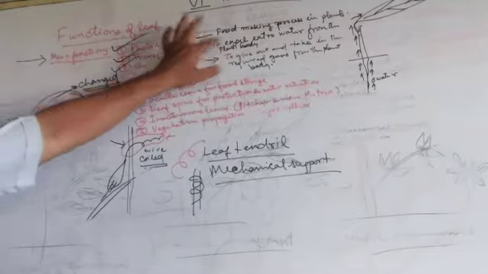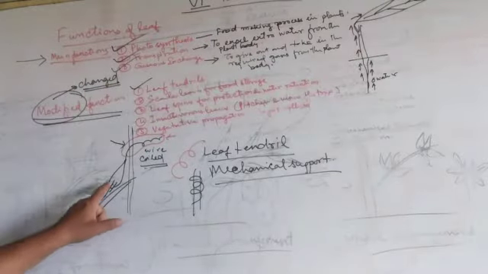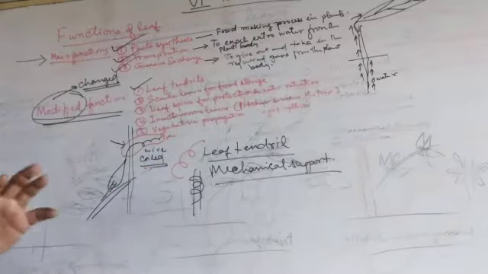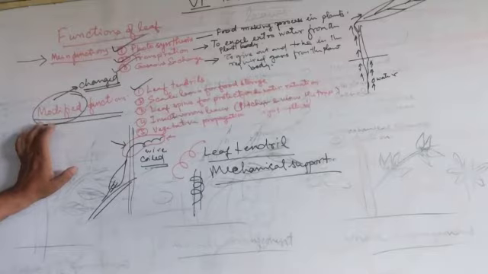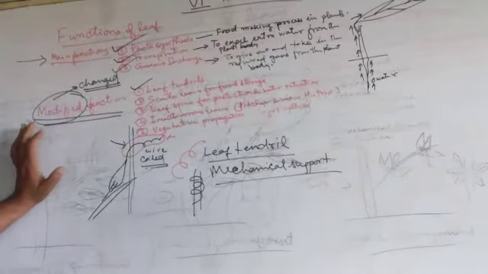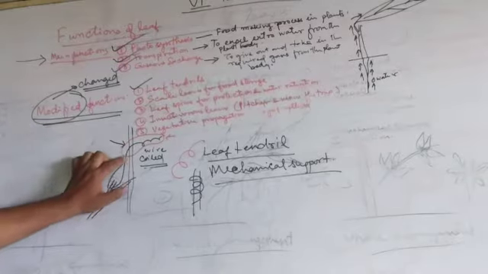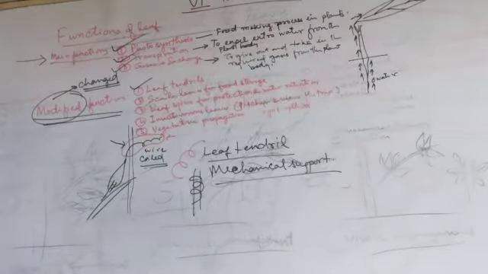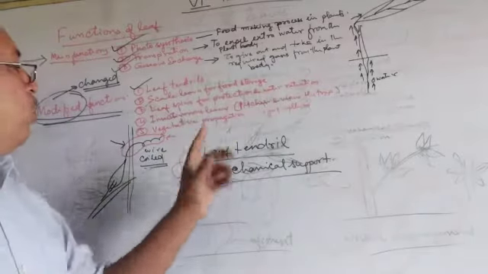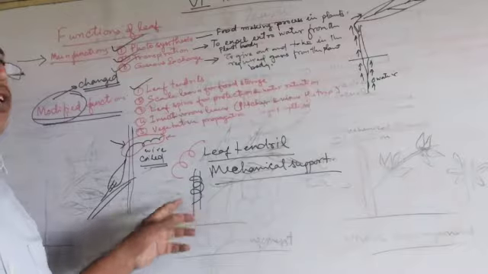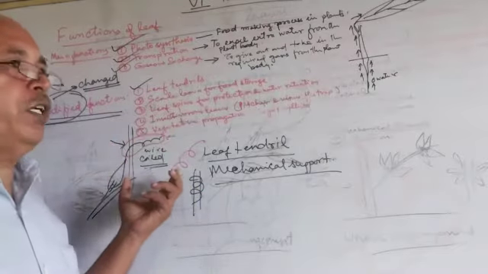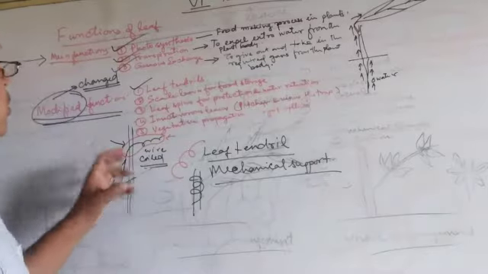Along with these three functions, all of which are already carried out by the leaf, this is the additional or changed function of the leaf. So such a function that is other than these three main functions is called a modified function. Here the leaf tip develops into a coiled wire-like structure that helps in coiling around a stiff object to rise up, and getting the support of that object, this structure develops.